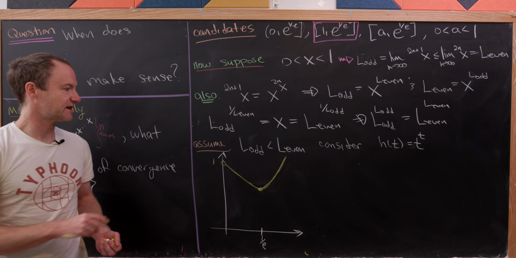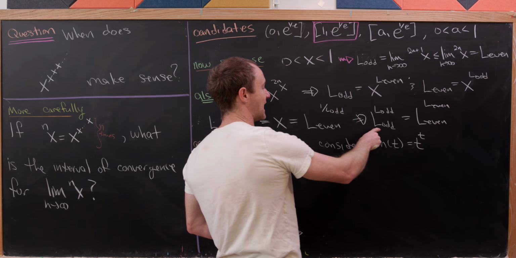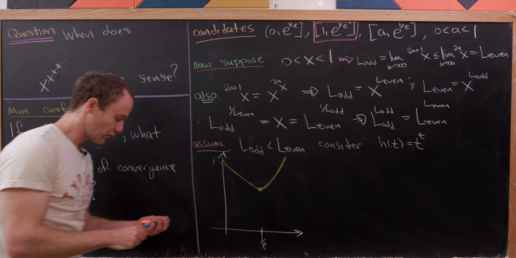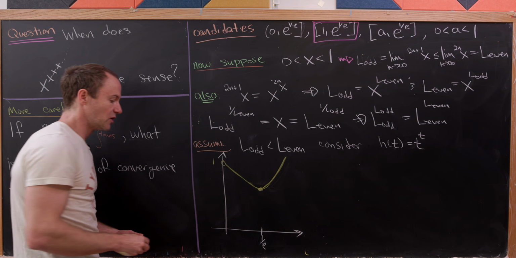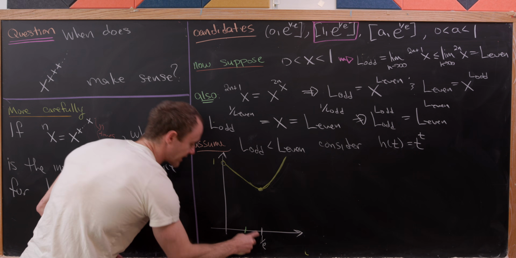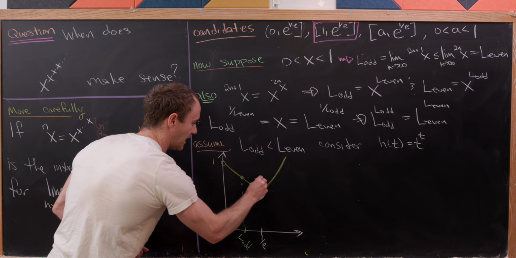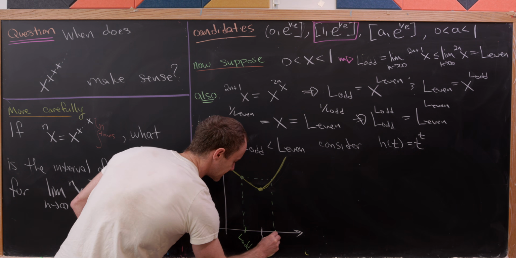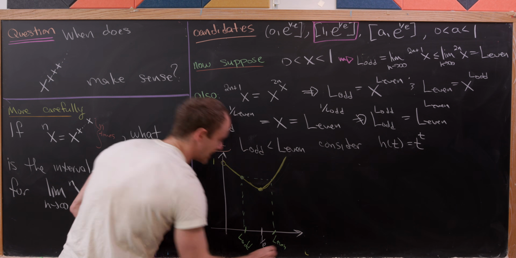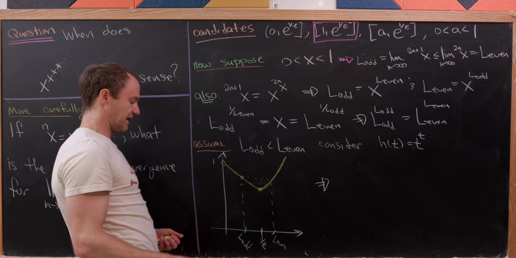But now, since L odd is less than L even, but L odd to the L odd is equal to L even to the L even, we can see that L sub odd has to be over here to the left of 1 over e, and then L even has to be correspondingly to the right of 1 over e. So that tells us we have the following inequality.